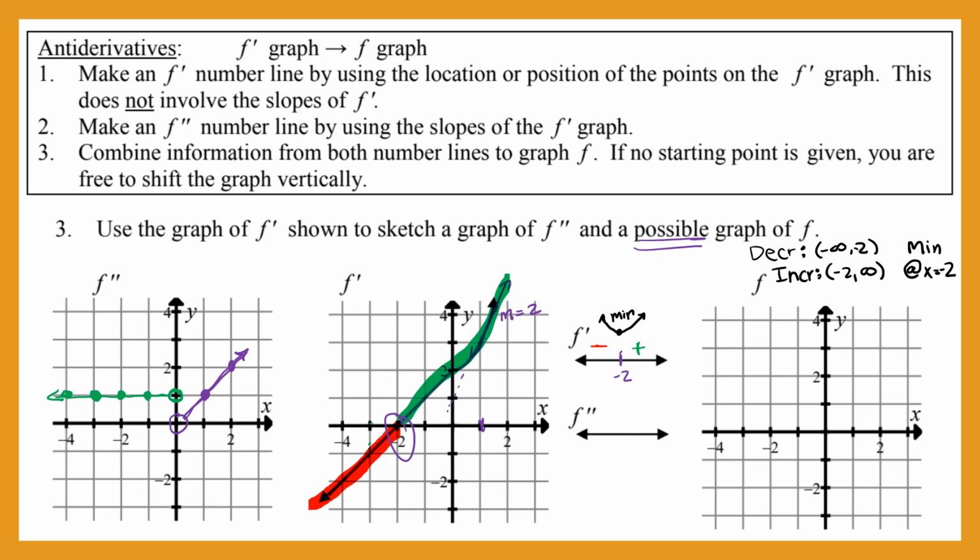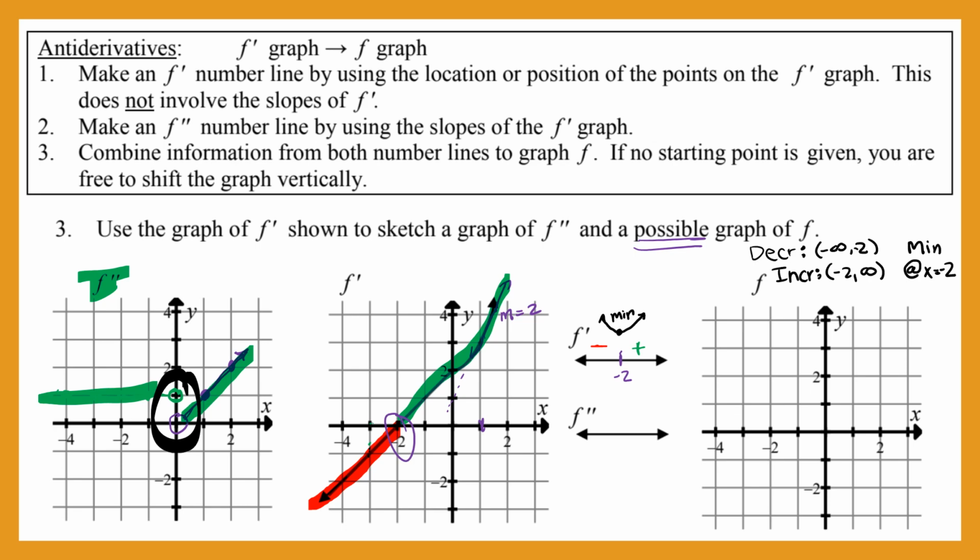All right, now let's talk about our f double prime line. Now again, we care when our f double prime is positive and negative, when our second derivative is positive and negative. So looking at our f double prime line, I see that we are positive the entire time, right? We never go into that negative realm on this graph. The one funky thing that we have going on is we have a jump right here at x equals 0.